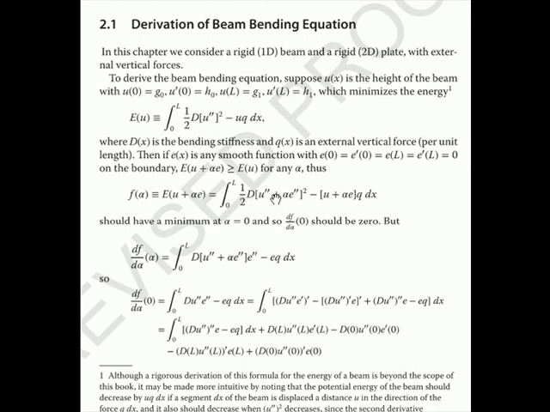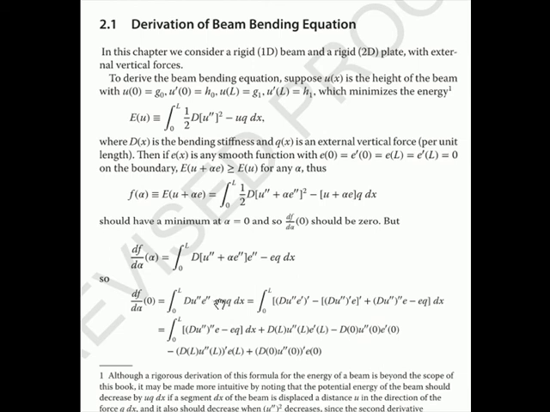The 1/2 times 2 cancel, and you get D times U double prime plus alpha E double prime, times the derivative of this with respect to alpha, which is E double prime. The derivative of the other term with respect to alpha is just minus EQ. Then you plug in alpha equals 0 and that term disappears, and this is what has to be 0, because P has a minimum at alpha equals 0, therefore the derivative of P with respect to alpha at 0 must be 0. So that has to be 0.